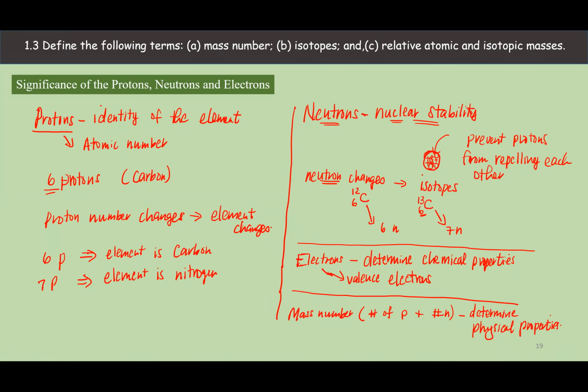Any type of reaction constitutes a chemical property. Whereas physical properties would be things like melting and boiling point, solubility, density, mass, and so on and so on. Those are what chemical and physical properties are.